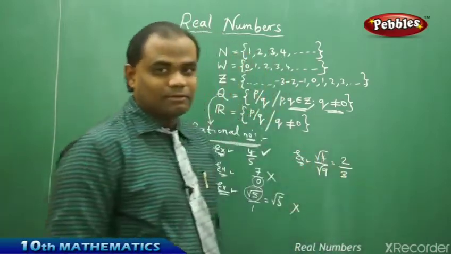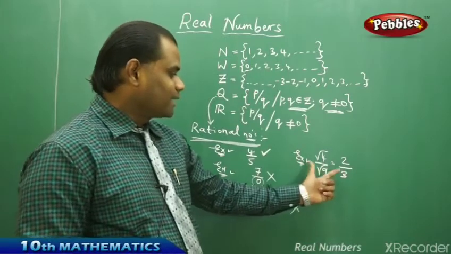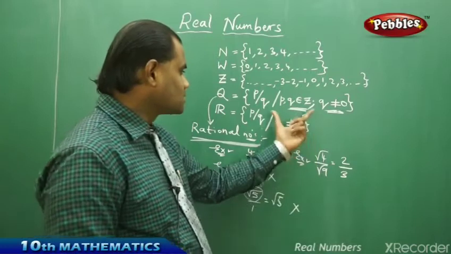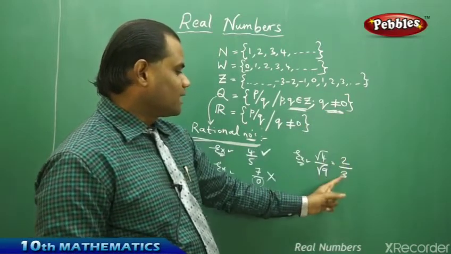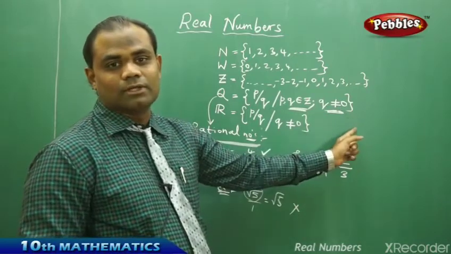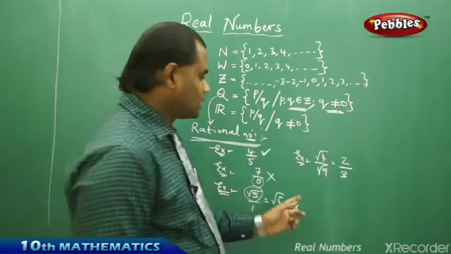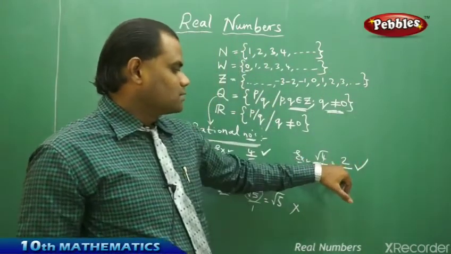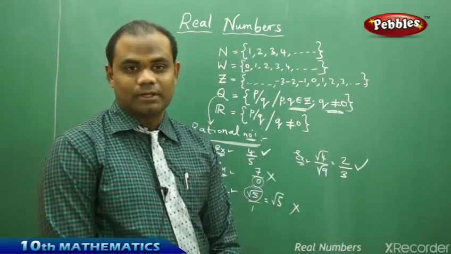So the simplified answer for root 4 over root 9 is 2 over 3. Thus, this satisfies both the conditions of a rational number, with 2 and 3 being integers and 3 not equal to 0. This is how I identify the two cases, and hence I can say that root 4 over root 9 when simplified is a rational number.